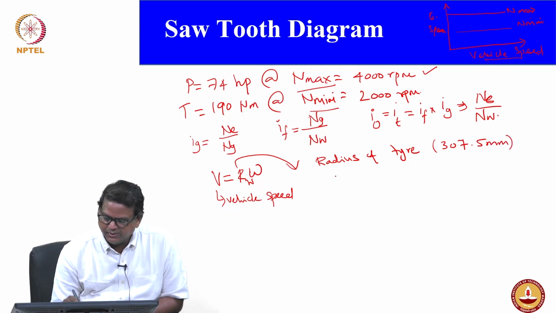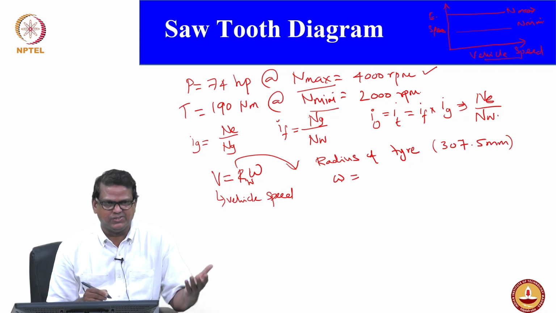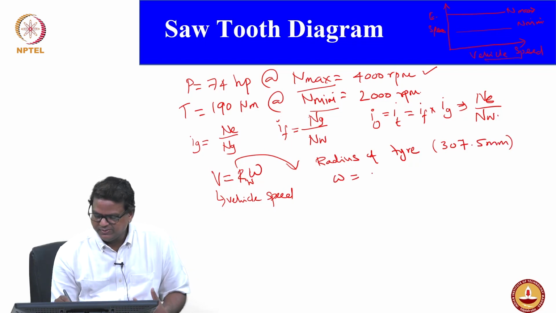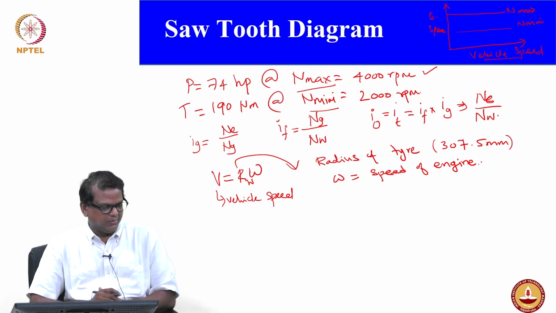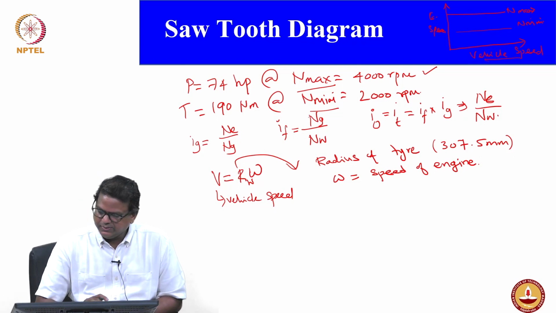The omega is the speed of your engine. This information is given. I think this is very clear, right?